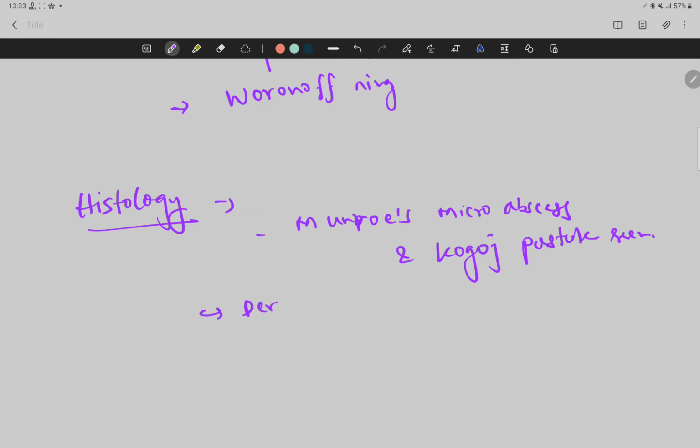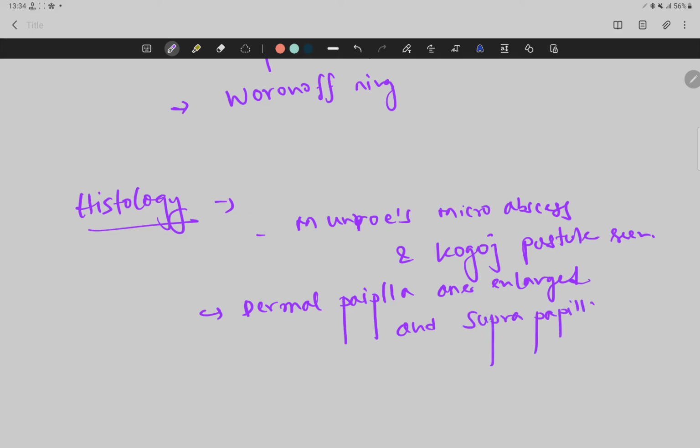Dermal papillae are enlarged, and suprapapillary thinning is seen.